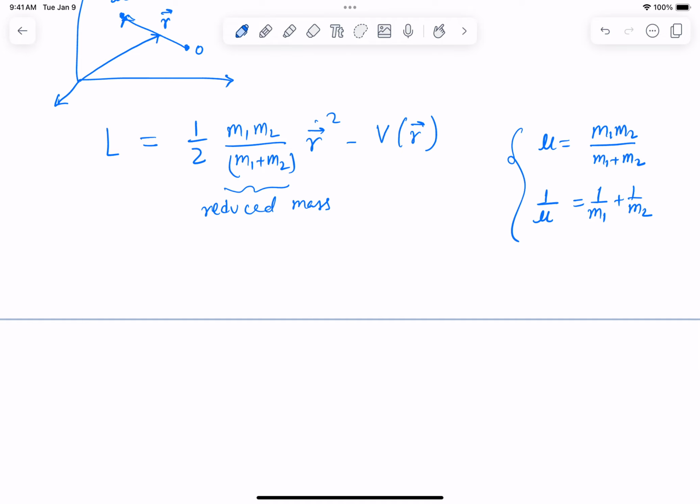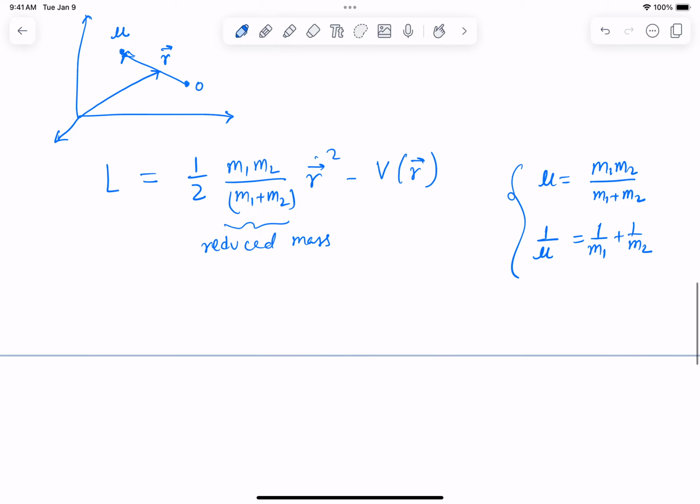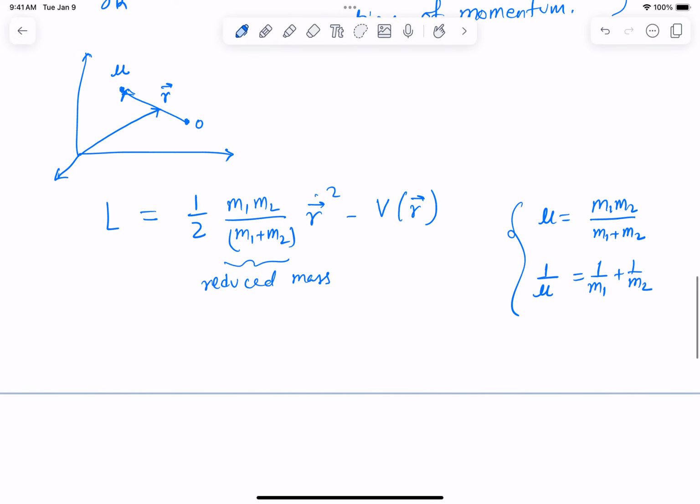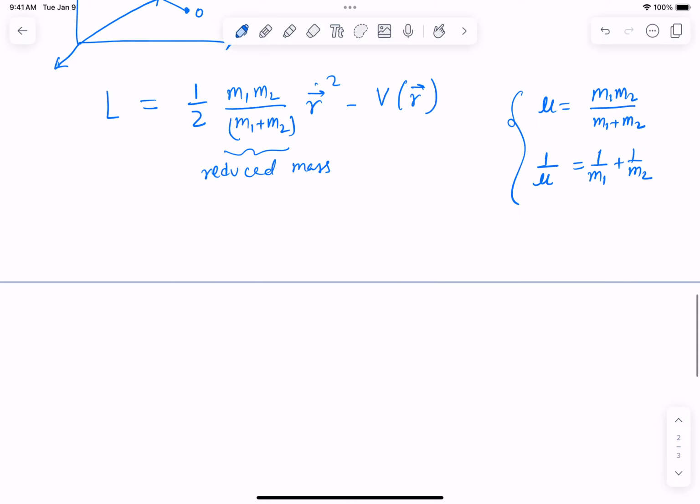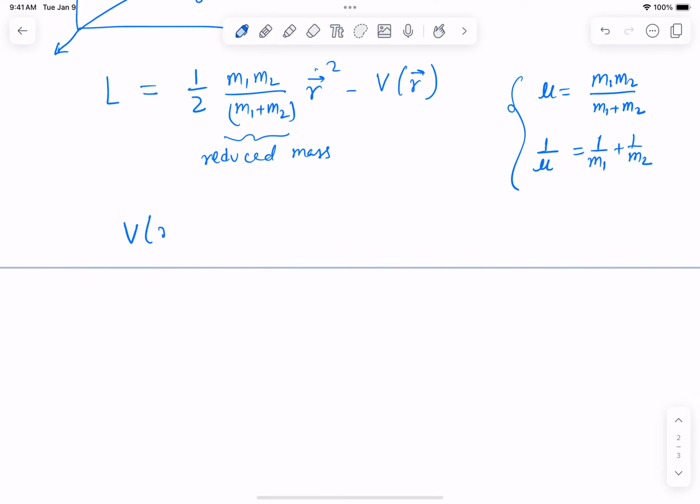Till now, we are assuming that this potential V of r depends on the vector r. Now what we are going to do is make even one more simplification, or an assumption, where we say that the potential does not depend on the vector r but only on the magnitude of r.